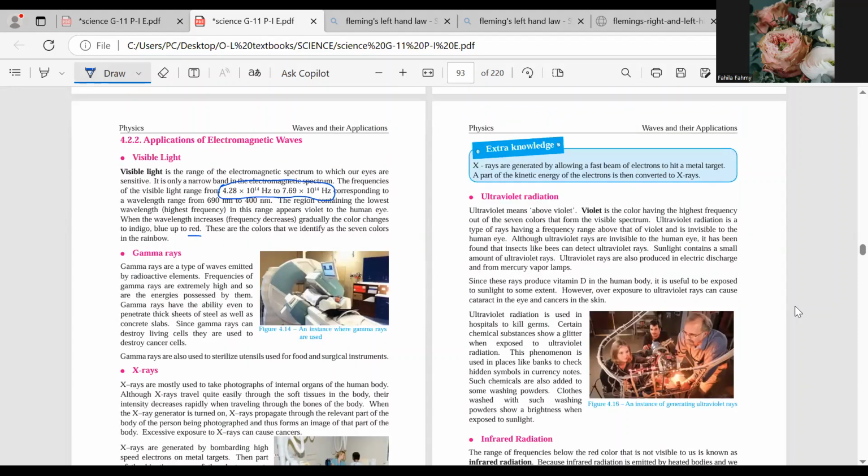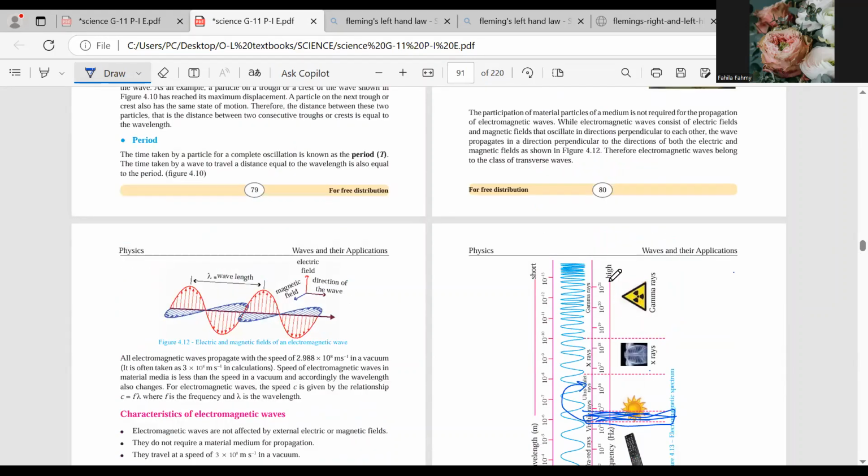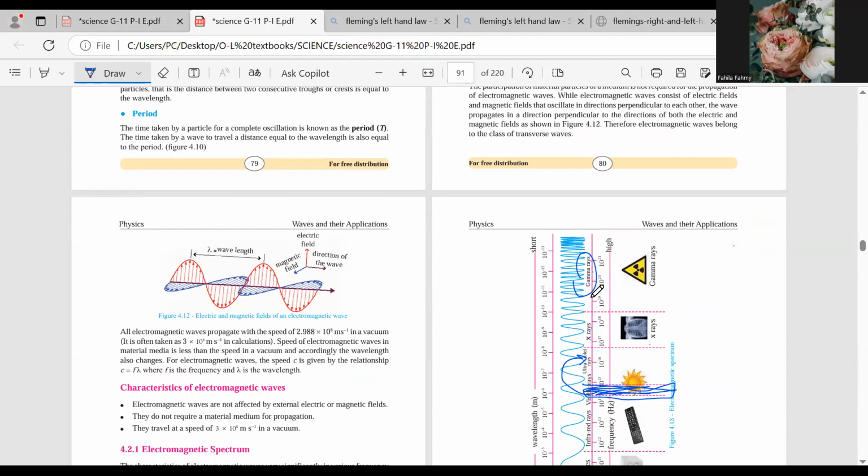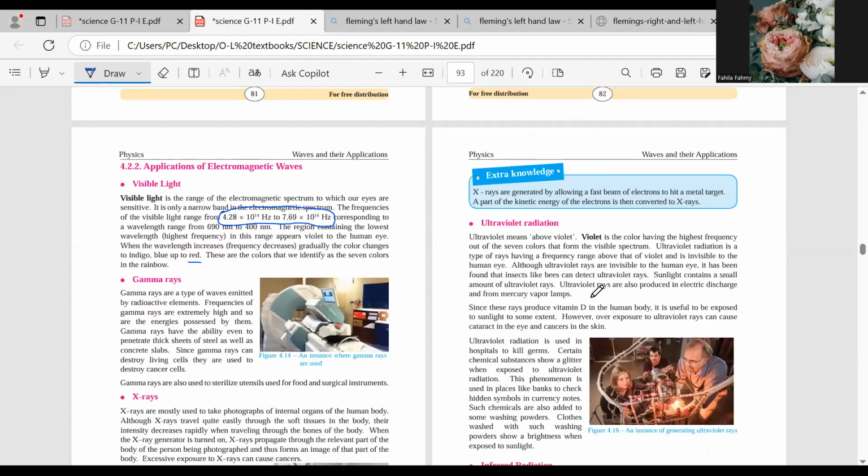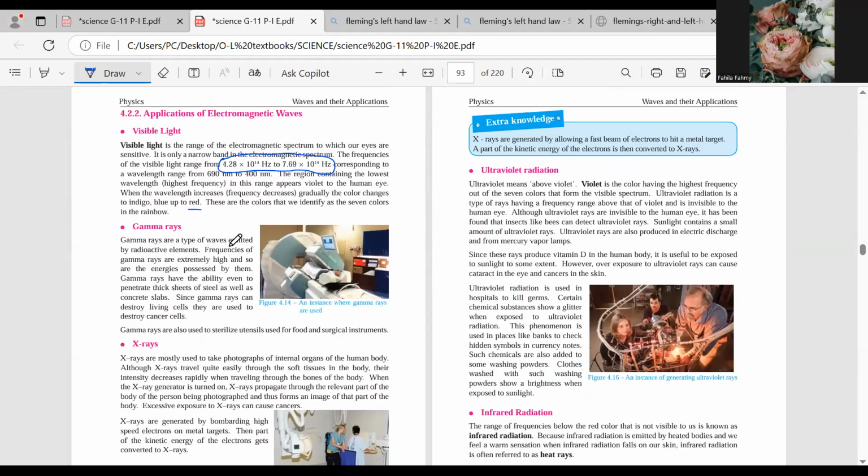Or okay, let's go in this order itself. Gamma rays, visible range again, and now we are going to learn about what these gamma rays are. So when we talk about gamma rays, they have the highest frequency, right?